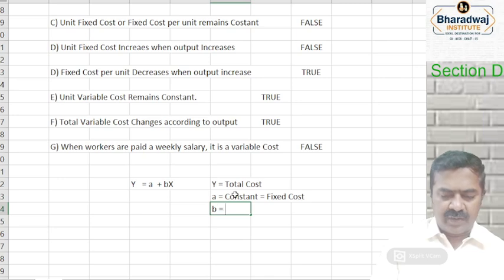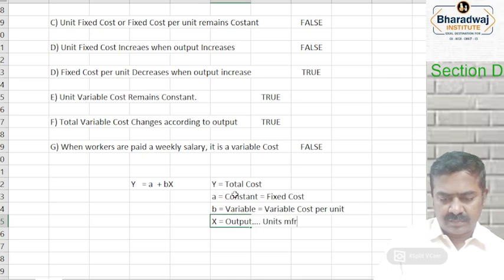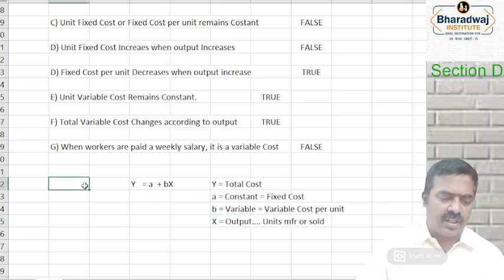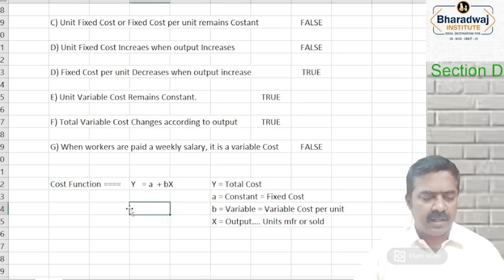B refers to variable, nothing but variable cost per unit. X refers to output. Okay, this is a cost function. This is called as which one? The cost function. Y is equal to A plus Bx.